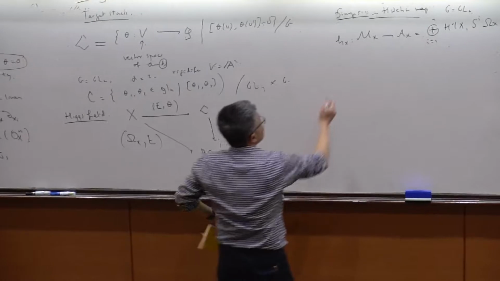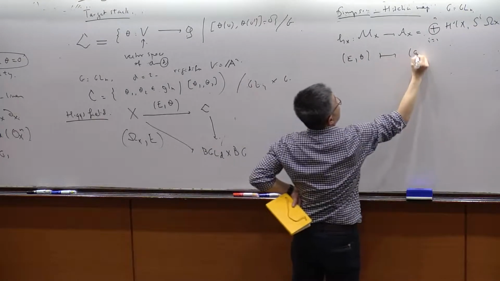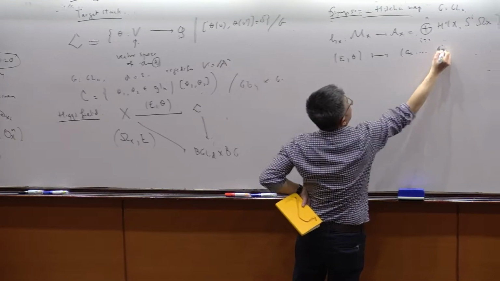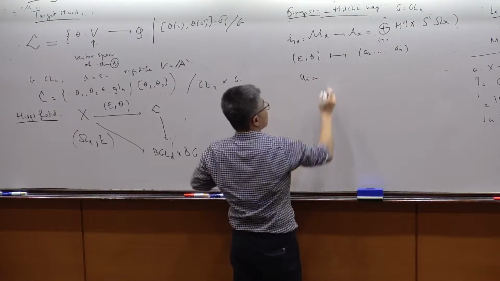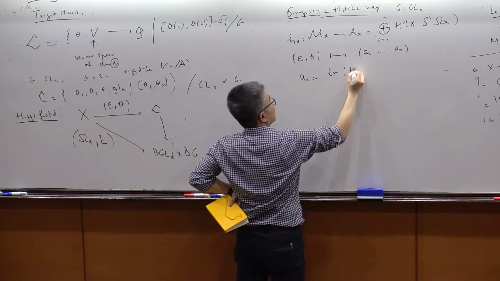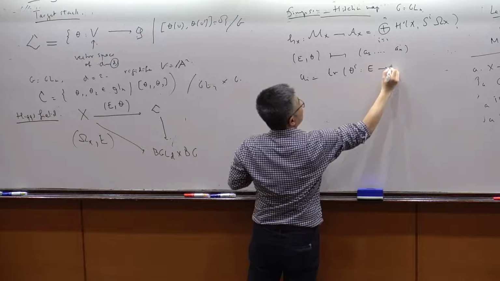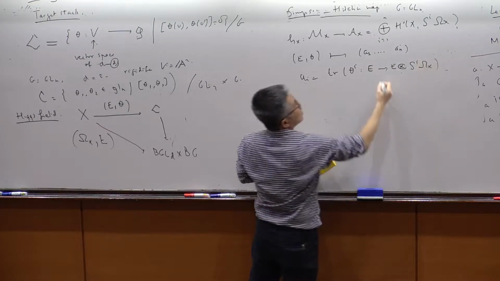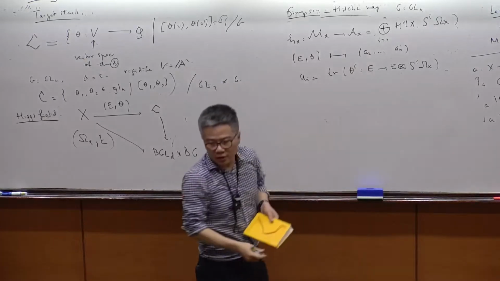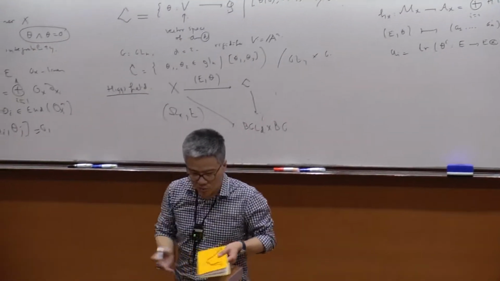And he defined this (E, θ) mapping to (a_1, ..., a_n), where a_i is the trace of θ_i: E → E ⊗ Sym^i Ω_X. So it looks slightly different from the one-dimensional case, but it's the same. It's just how to choose another basis of symmetric polynomials.